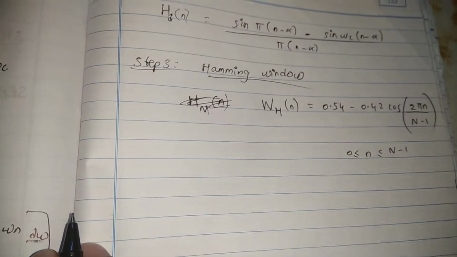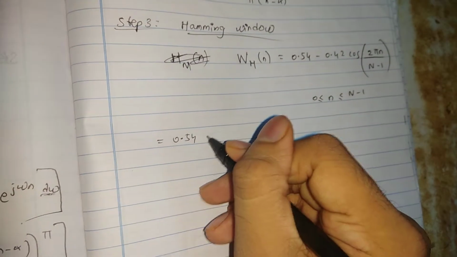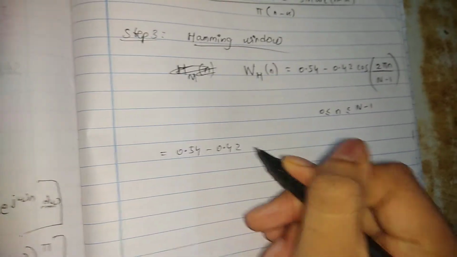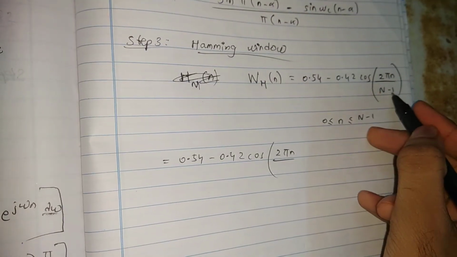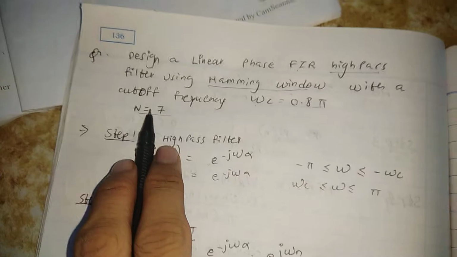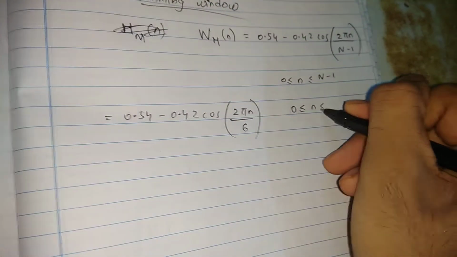Okay, we'll write the equation one more time. 0.54 minus 0.42 cos of 2 pi n upon N minus 1, that is, capital N is 7, so 7 minus 1 is 6, and the range is like this.